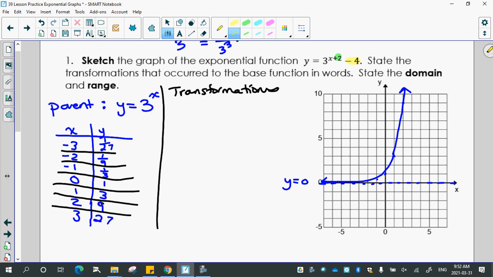So what are those transformations in words? Sebastian. Horizontal shift. Yes, horizontal shift left 2. And -4. Vertical shift down. Yes, vertical shift down 4. Perfect.